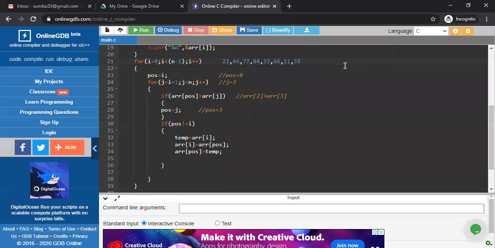Anyone? Am I audible? Yes, ma'am. Okay. So 35 people is there, means 34. In 34 people, nobody has any problem with that code. Is it fine? Is it okay or not?